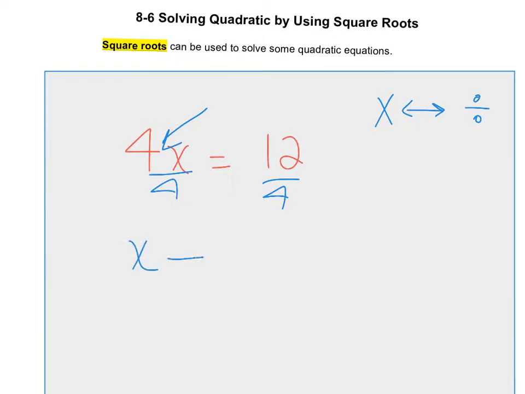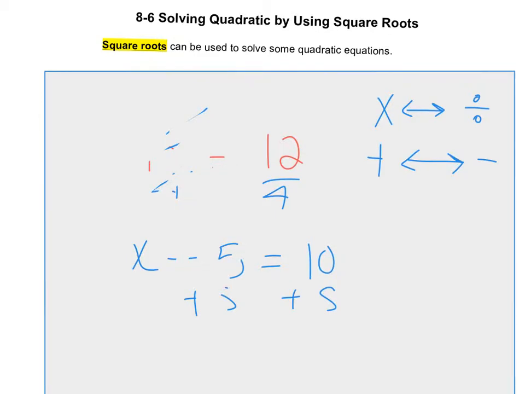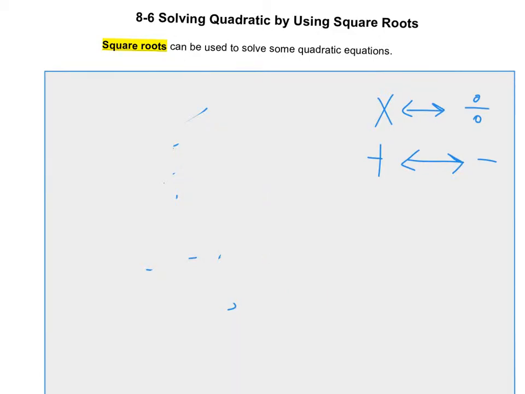Same thing if I had something like x minus 5 equals 10, I added to undo, because addition and subtraction are inverse operations. With that, the same exact type of thing can be applied when you are trying to unsquare something.